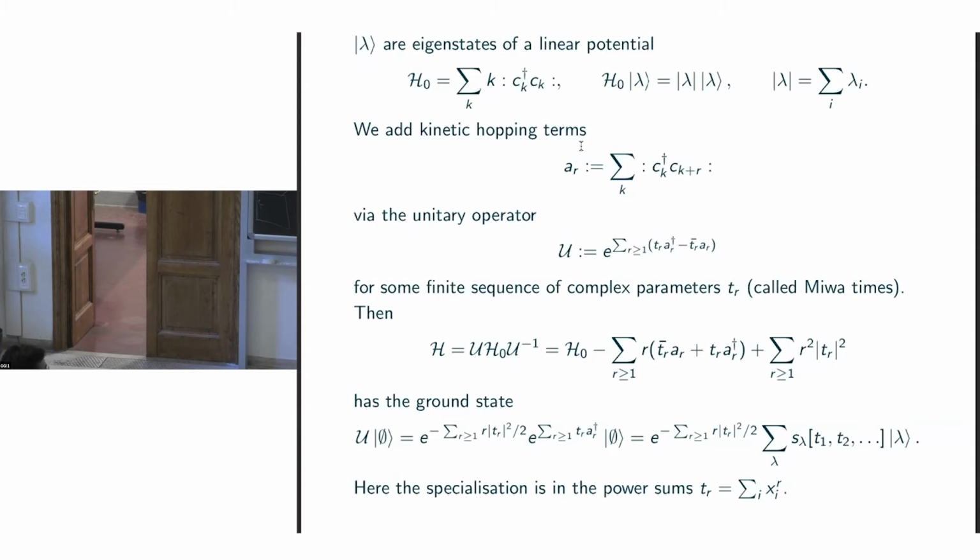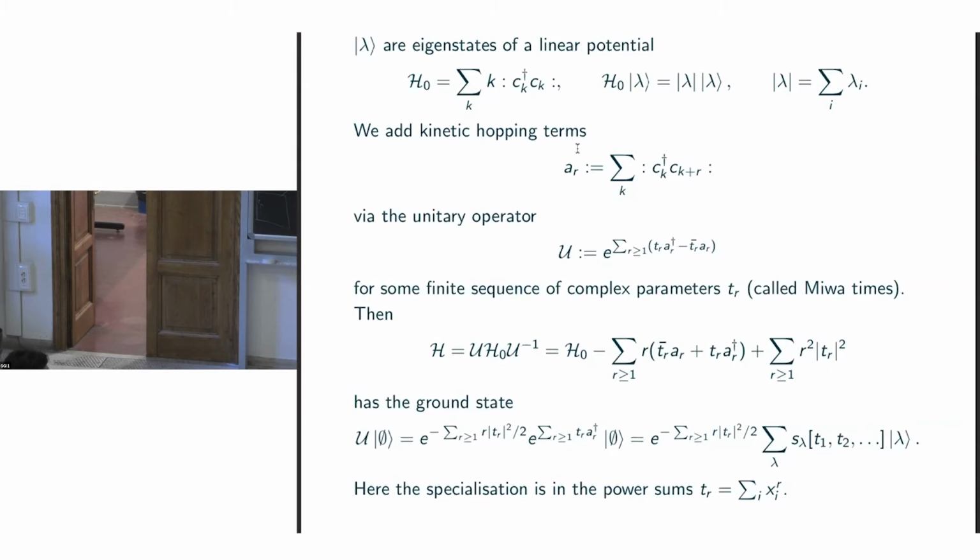So if we want to decompose it on the eigenstates indexed by the partitions, we're just getting a sum weighted by Schur functions. And the role of the parameters that we selected, the t_R, are not the normal specialization for the Schur functions. They're a specialization of the power sums, or the miu times, as we call them. If those were power sums, there'd be a factor of 1 over R then.